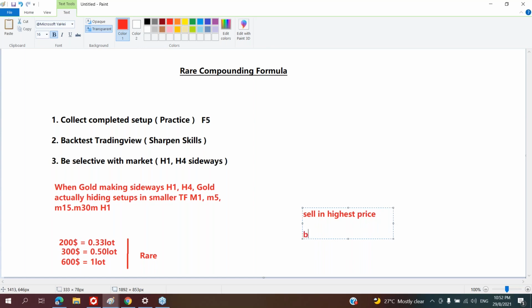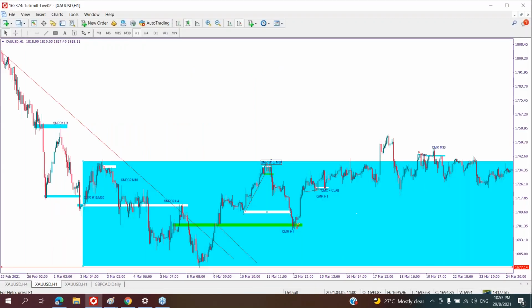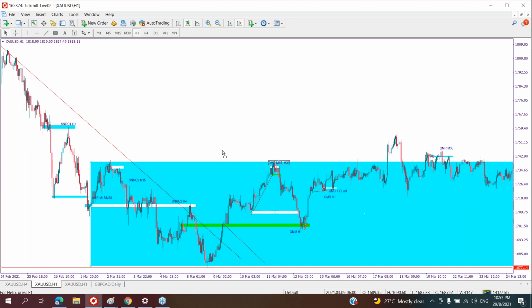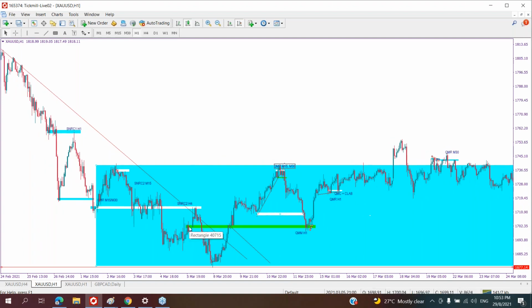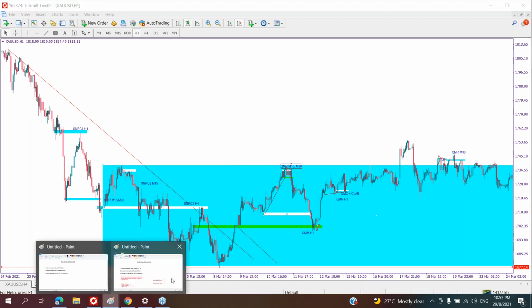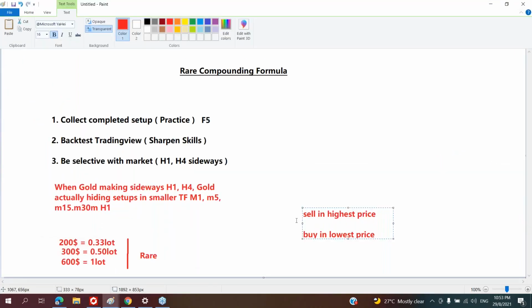And we have to buy in the lowest price. But in this situation, price making downtrend, and you can see price making QM sell in the lowest price. And you go back here, are we going to sell in the lowest price? No, we're going to sell in the highest price.